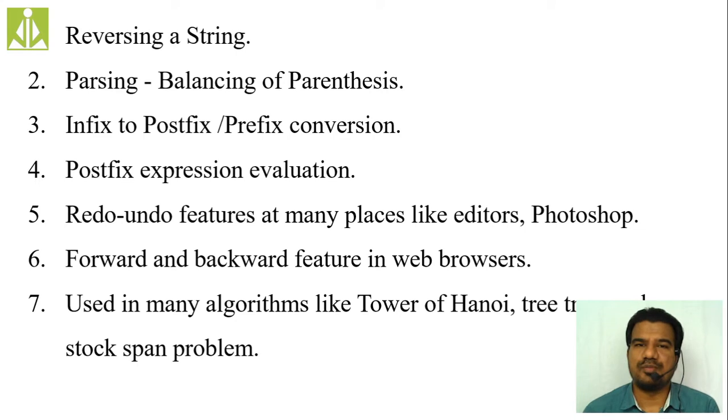We maintain what we call a moving point. This top is nothing but a moving point. If you want to move upwards, you have to move with the help of this top only, and if you want to move downwards, that also you do only with the help of this top. So that kind of difference we can see between stack and array.